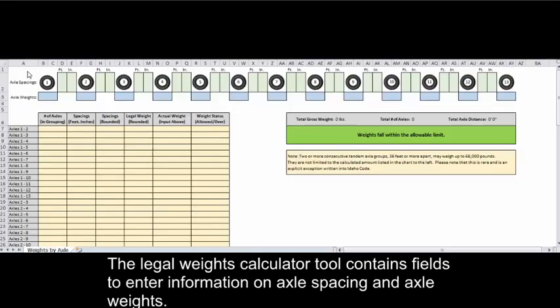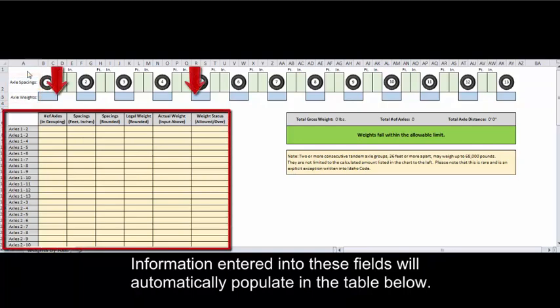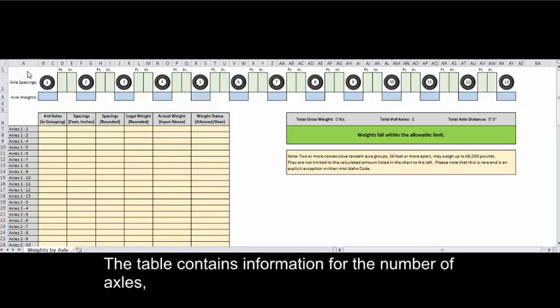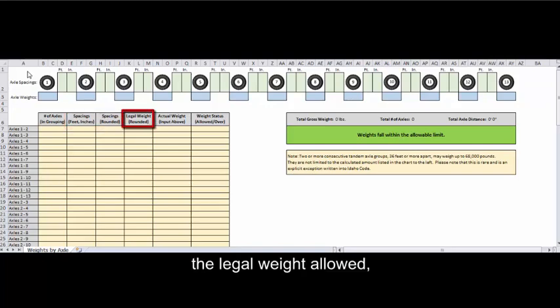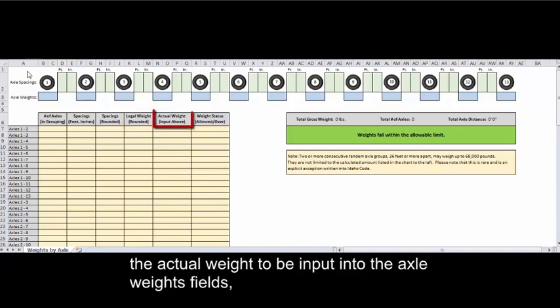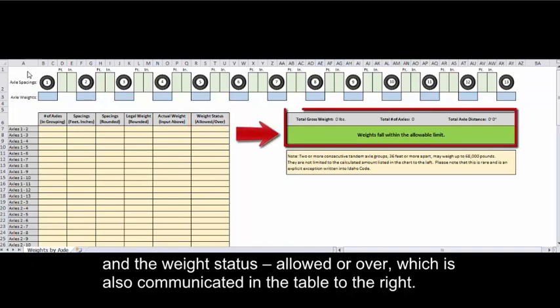The Legal Weights Calculator tool contains fields to enter information on axle spacing and axle weights. Information entered into these fields will automatically populate in the table below. The table contains information for the number of axles, spacing information, which is also rounded, the legal weight allowed, the actual weight to be input into the axle weights fields, and the weight status, allowed or over, which is also communicated in the table to the right.